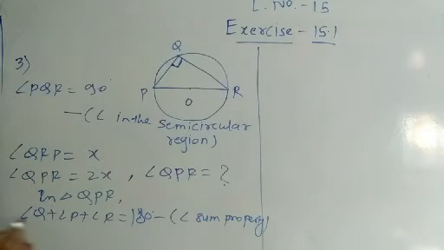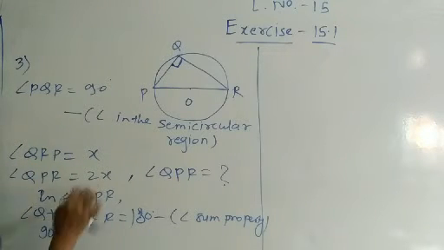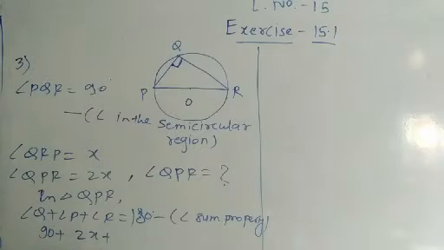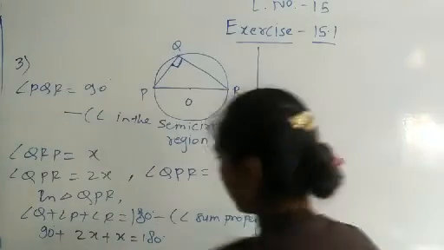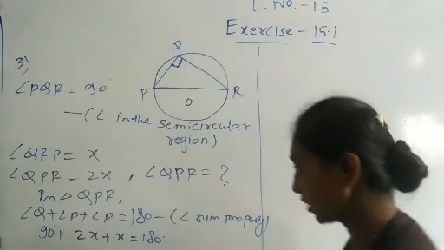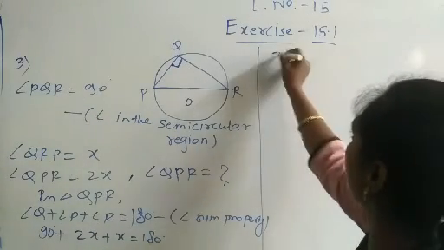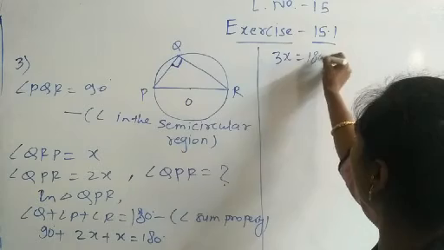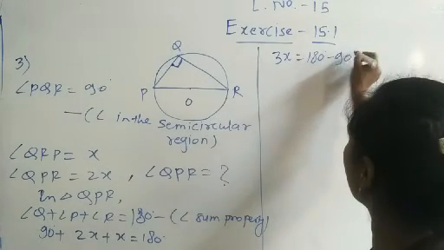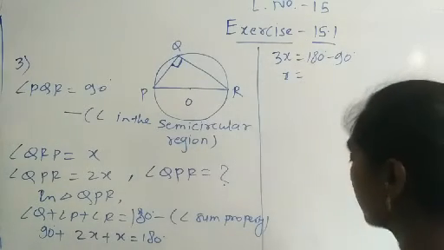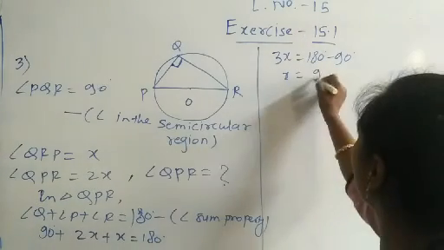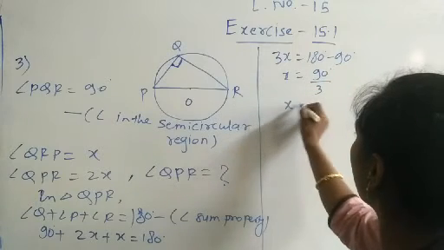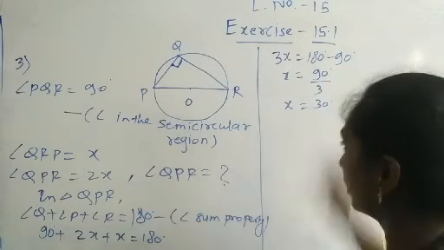Now angle Q is 90 degrees, angle P is 2x, angle R is x. So 180 degrees equals 90 degrees plus 3x. 3x is equal to 180 degrees minus 90 degrees. x is equal to what? 90 divided by 3. So x is equal to 30 degrees.